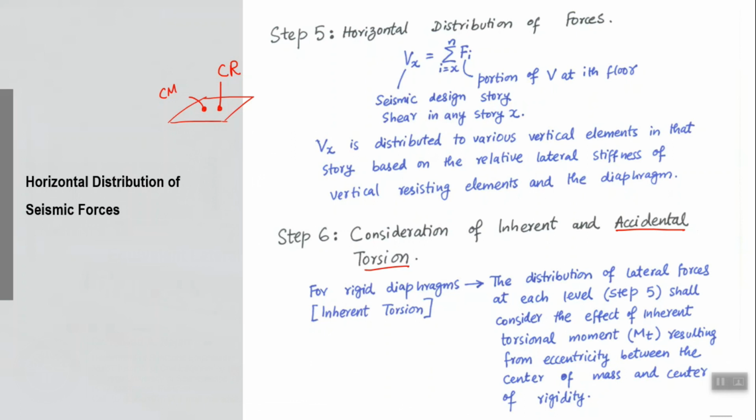Center of rigidity means that the resultant of the whole stiffness can be assumed located at this point, right. So if these 2 points are located at different locations, then obviously the applied forces will produce a torsion in your diaphragm, right, and that torsion will be equal to the force applied at that diaphragm multiplied by the eccentricity between center of mass and center of rigidity, right.